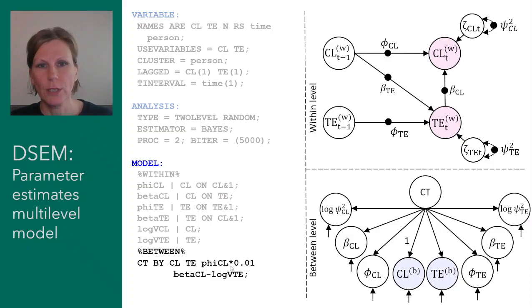So with the asterisk, that's to indicate this is just a starting value. So it's not fixed to this value, it's only a starting value. And then I indicate beta CL up to log VTE. So that's the second one here up to the end. So I still have the same indicators in my model. And if I do it like this, then the model will just run fine.